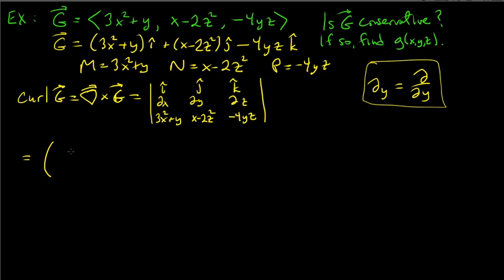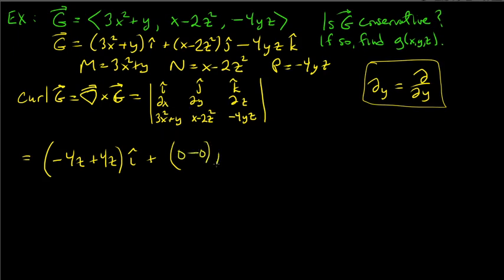All right, with respect to y, we're going to get negative 4z minus a negative 4z, so plus 4z. That's the i component, so that's going to be 0. That's a good sign. And now, let's see, the partial with respect to z of this is 0, and then the partial with respect to x of this is also 0. So we get 0 minus 0 here.